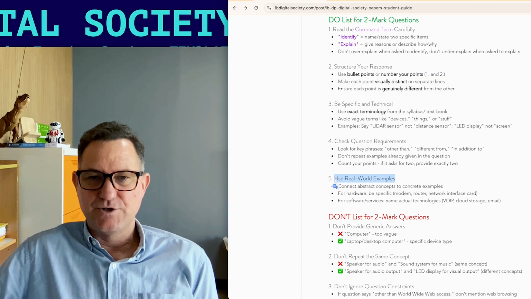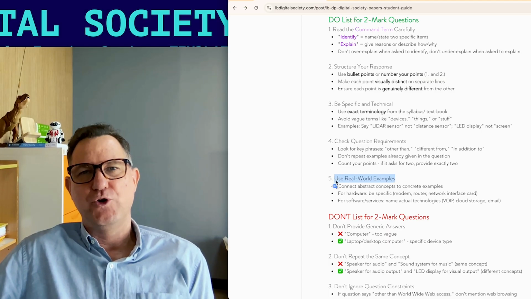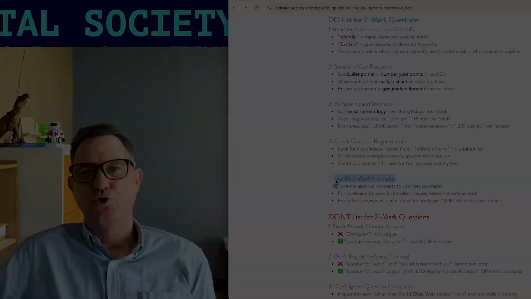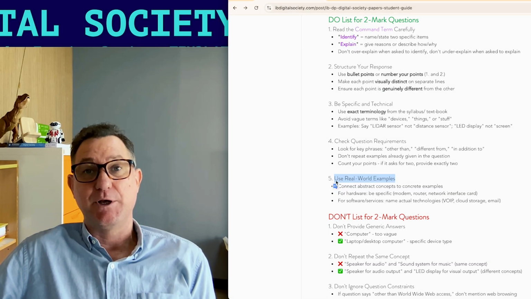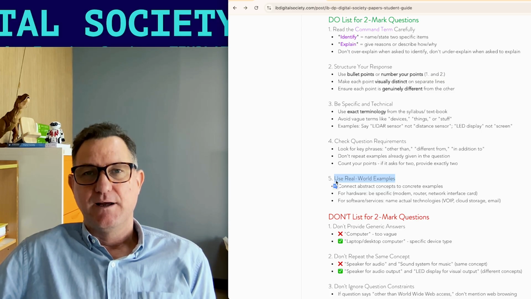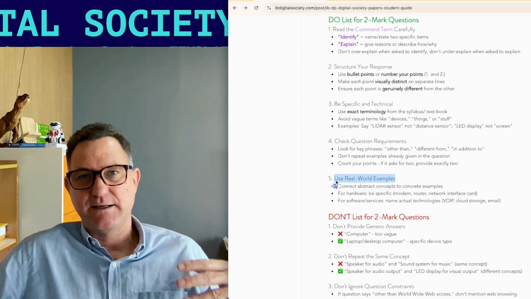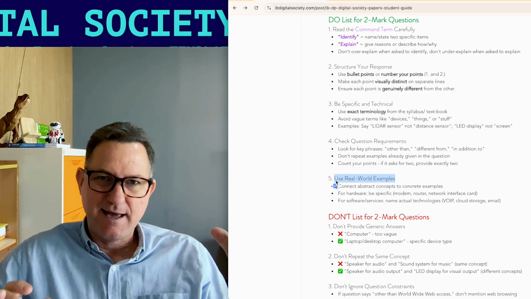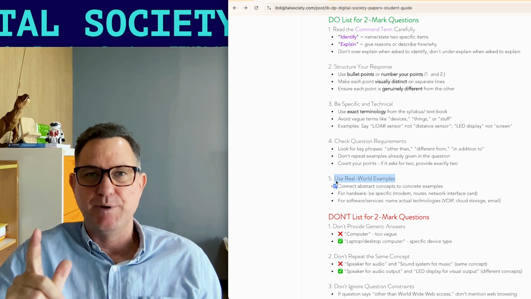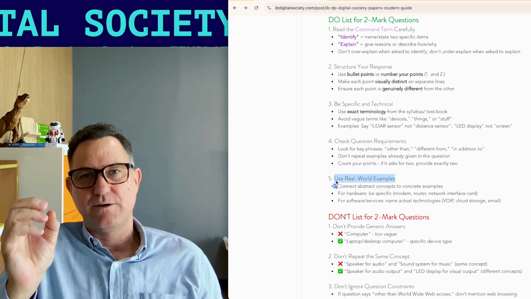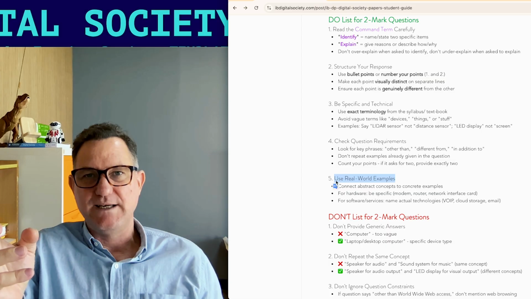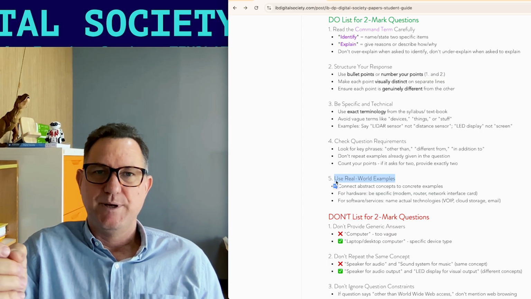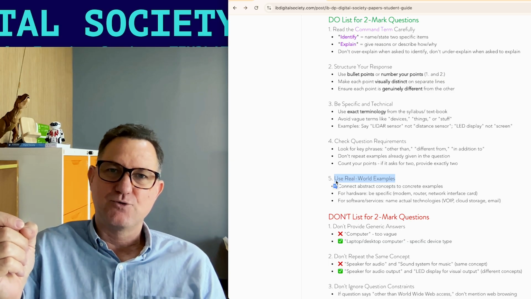Now, the other thing, Digital Society loves real-world examples. This is also a way to demonstrate your depth of understanding. If the exam question is asking something about digital divide, and I explain digital divide is about some people having access to technology and another group having less access to technology. And an example of this would be in New York, people have decent internet connectivity and access to a lot of tech tools compared to somewhere in Central Australia.